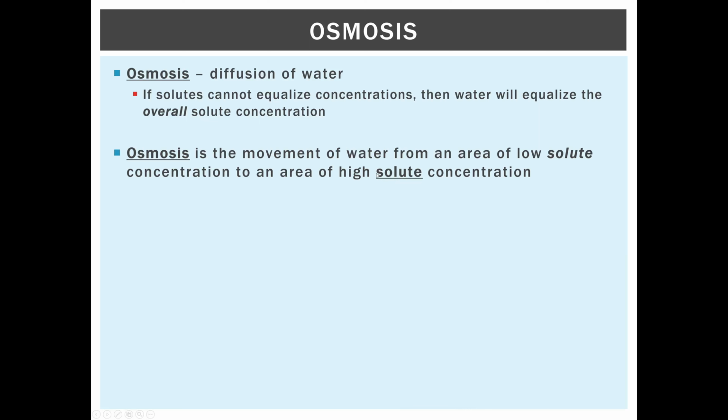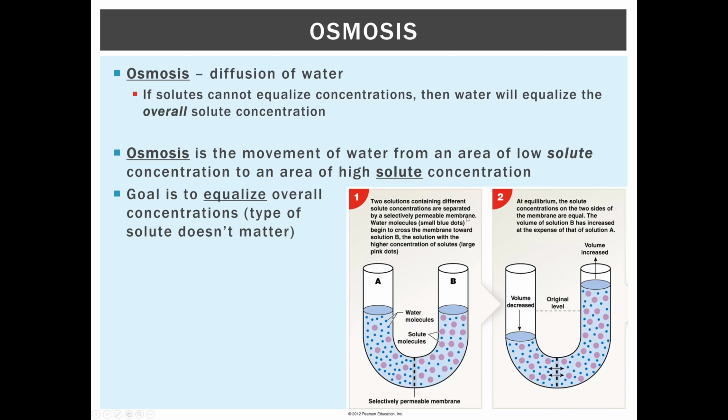Another way to think of it is water is moving to dilute the highly concentrated solute. So again, the goal is to equalize the overall concentrations. It doesn't look at individual solutes. It is trying to equalize the overall concentration.